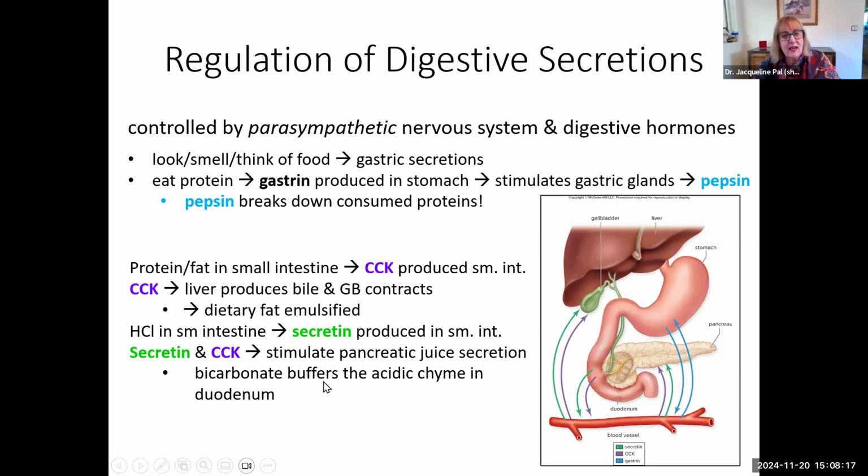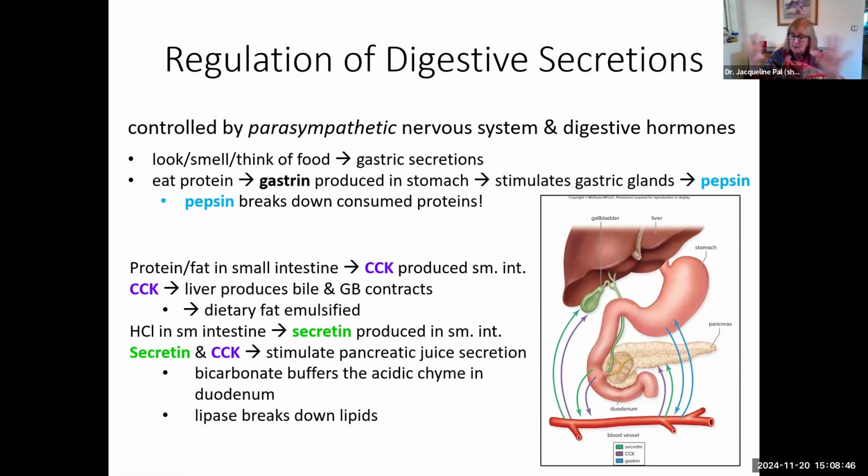But in this case, because I was talking about CCK, the one thing I am interested in was the lipase that was going to break down the lipids. So not only have we mechanically digested the lipids, but now we are chemically digesting the lipids. So what a tangled web we have.